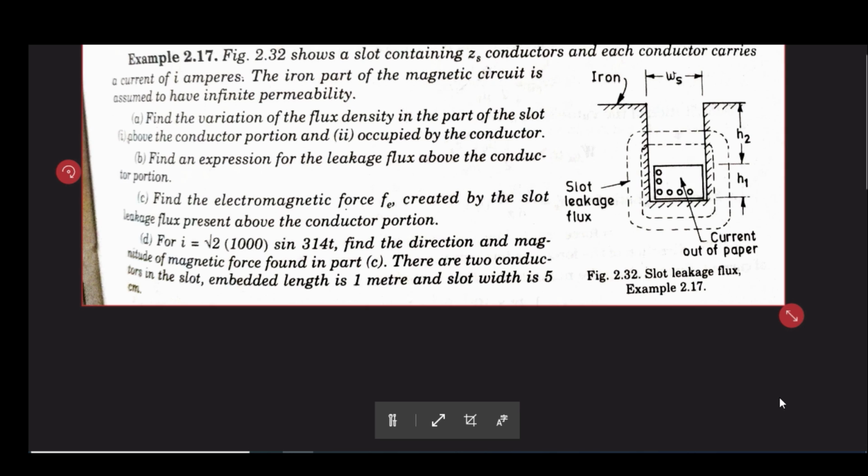Like if you place say 100 ohm and 1 ohm in series together and apply some voltage, you can expect that the lion's share of the voltage drop will take place across your 100 ohm resistance, not 1 ohm. So by similar argument, the main MMF will be present in your air gap, and what would be the value of that MMF?